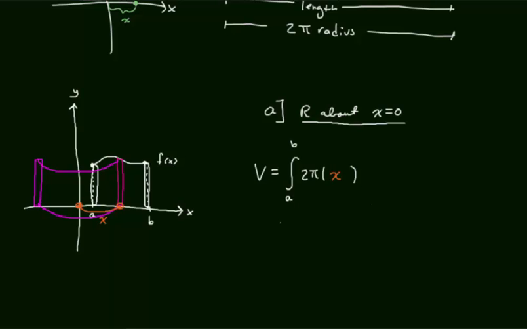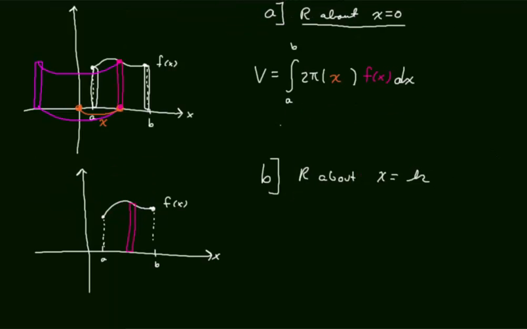So the radius in this case will be x. Now the height of every rectangle is simply f of x. That would be this rectangle's height from the function to 0, the x-axis. And of course, the thickness would be dx.